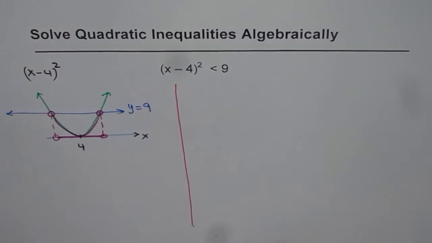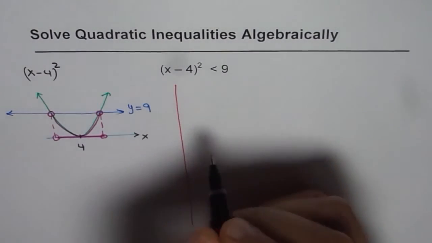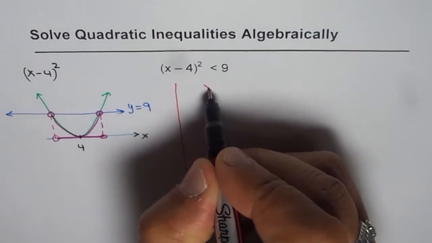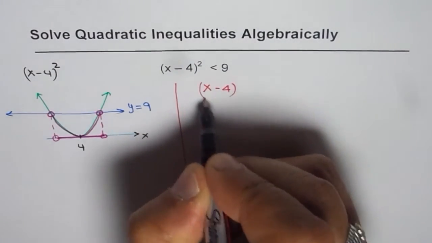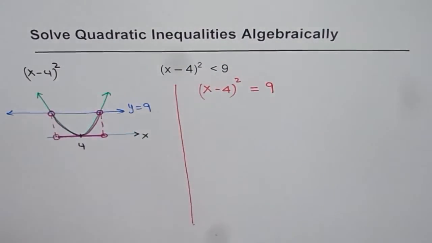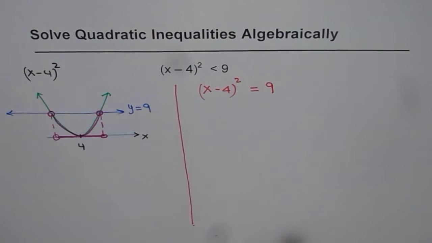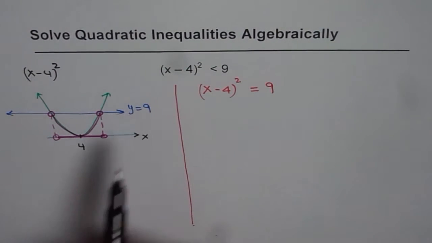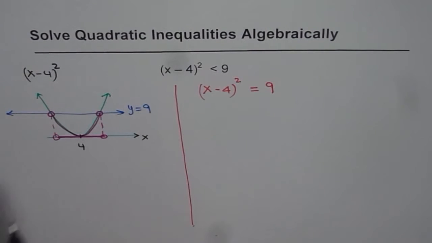The steps involved are: first, solve the equation (x minus 4) whole square equals 9, so that we find these 2 points. And then write down the solution that the x value should be in between those 2 points, correct?